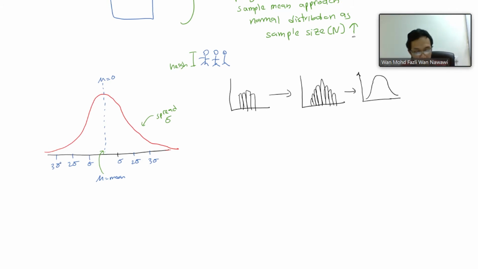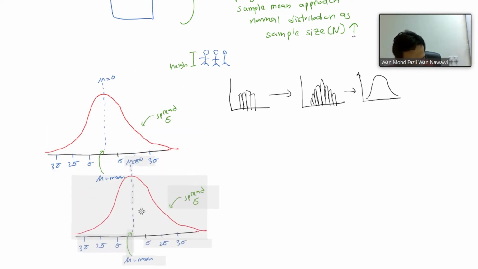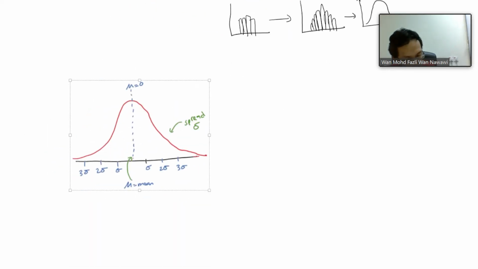So it is symmetrical. So one of the properties, let me put it down so that it will not touch the thing. Properties of the normal distribution: first is symmetrical. Second, the mu equal to 0, and third, the standard deviation, the sigma, equal to 1.